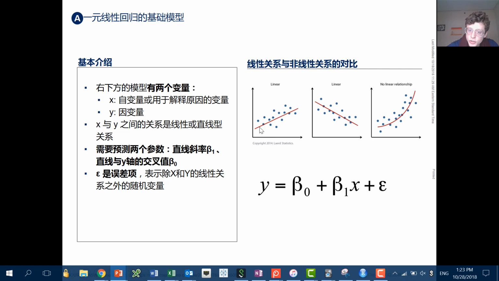Beta 1 refers to the slope of the line, how sloped it is. This is probably slightly more sloped than this is. This is negative slope. This is positive. X refers to where in the x-axis it is, so right here. If it's farther along, then we would go farther down the line. And this error term right here refers to how much error the line has.